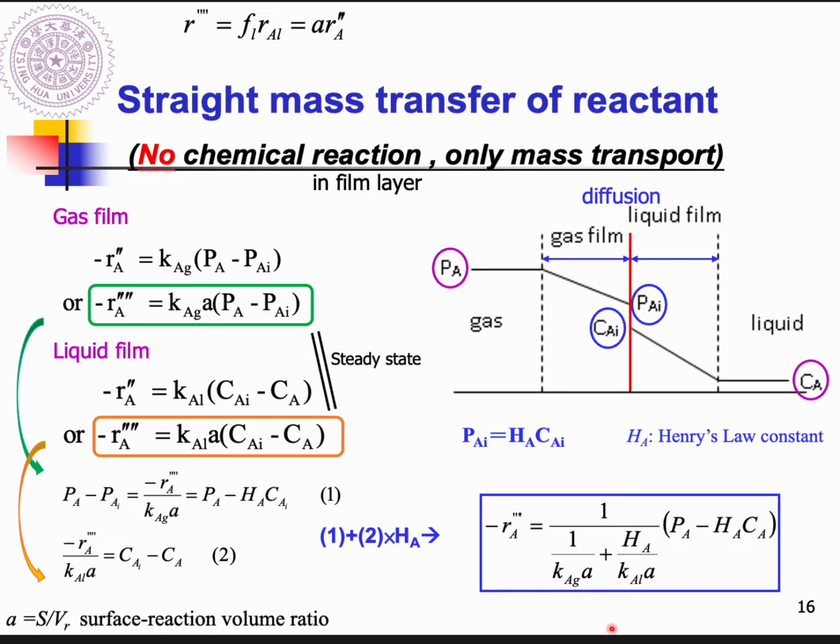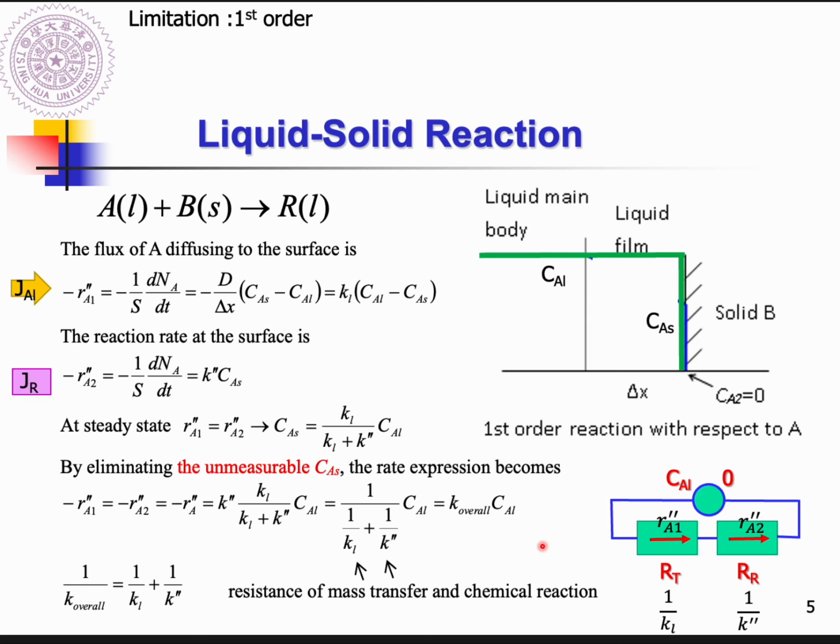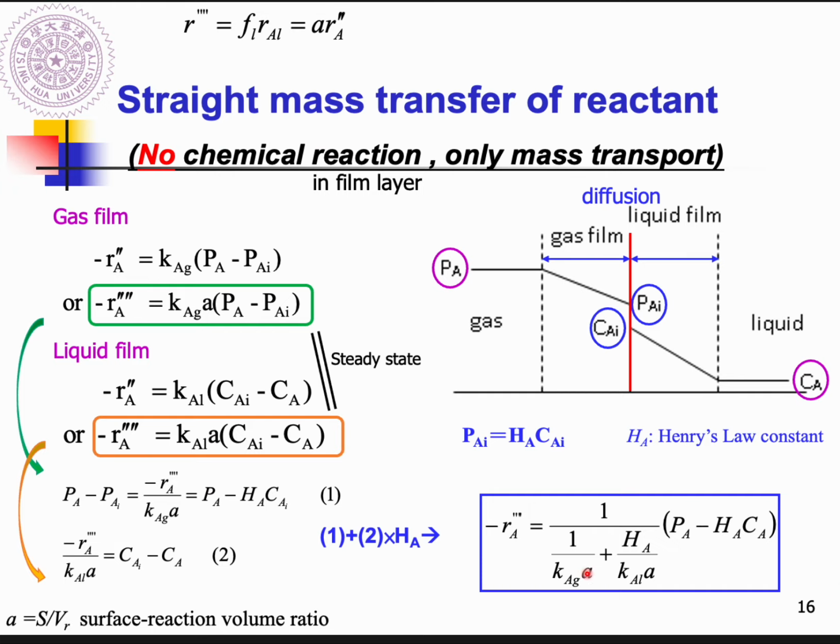Okay, in that case the unit is concentration, so you just use the reciprocal of the transport coefficient here. And this is the transport resistance in the liquid film. The transport coefficient in the liquid film is also the reciprocal of K_AL, times a due to the consumption rate here. The unit is per reaction volume.